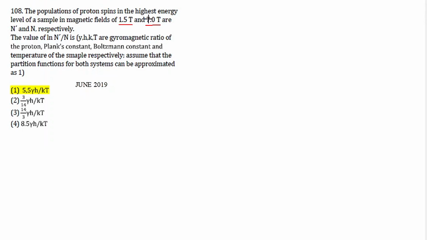So these are the magnetic fields, that is for n dash the magnetic field is 1.5 Tesla, and the magnetic field for n is 7.0 Tesla, and we have to find the value of ln of n dash upon n.